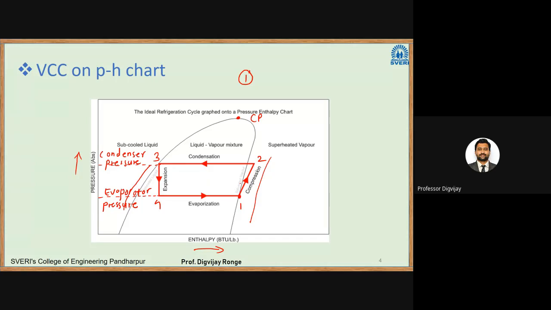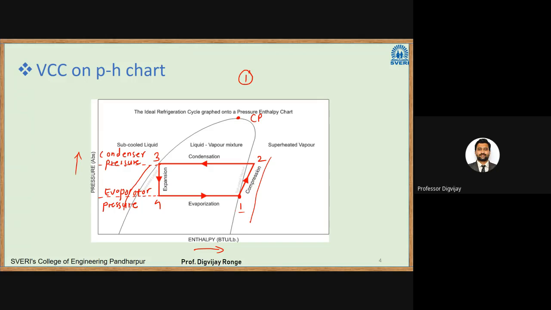Okay, understood my question? This is point 1 here, which is the inlet to the compressor, or we can also call it the exit of the evaporator. So at the exit of the evaporator or the inlet of the compressor, in this figure, what is the condition of the refrigerant?